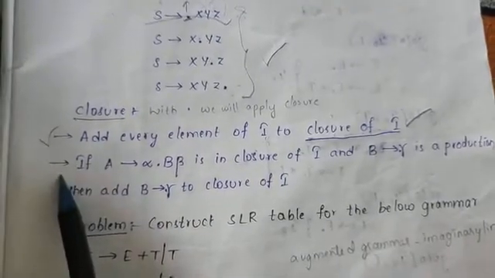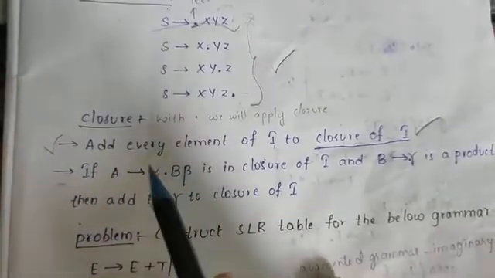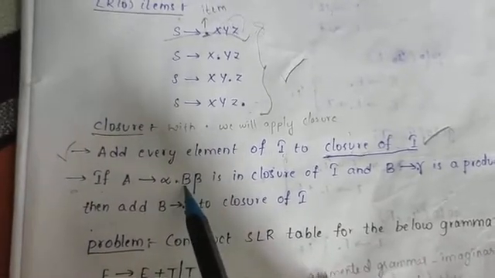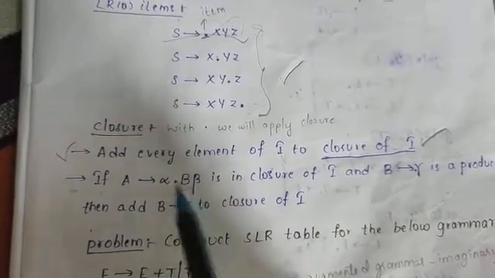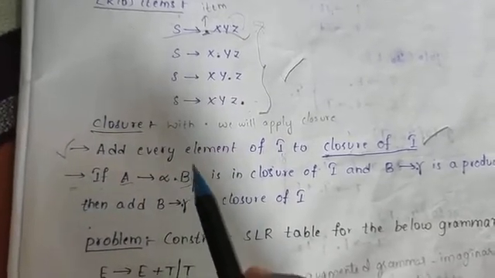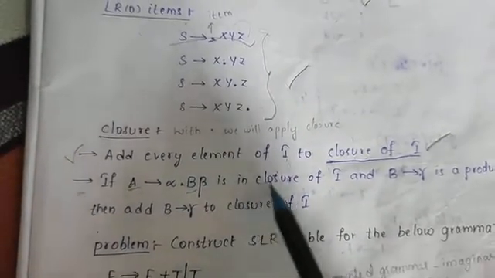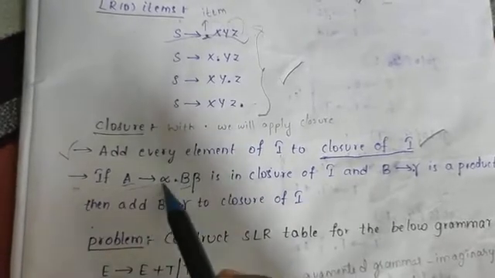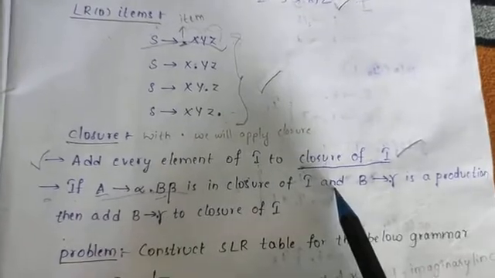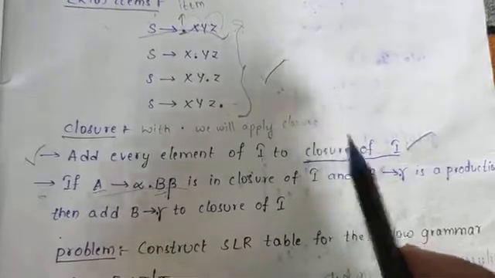The second important thing: if a production looks like A tends to alpha dot B beta, where A and B are non-terminals, and the dot is before a non-terminal in the closure of I, then add the productions of B also to the closure.